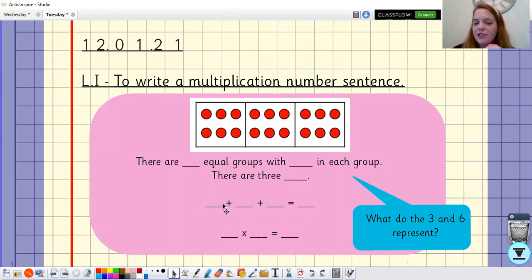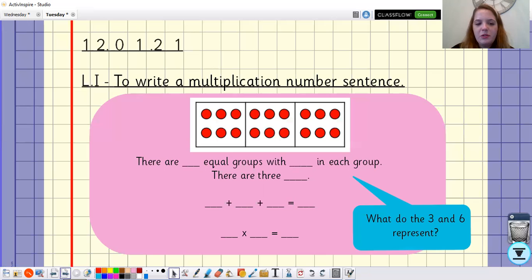Then you have an addition number sentence to have a go at writing. Something add something add something. And then remember we count up the total. And then you have a multiplication sentence to have a go at. Have a little go and we'll go through how to write one in a moment. So pause the video here and have a go at these 3 sentences for me.